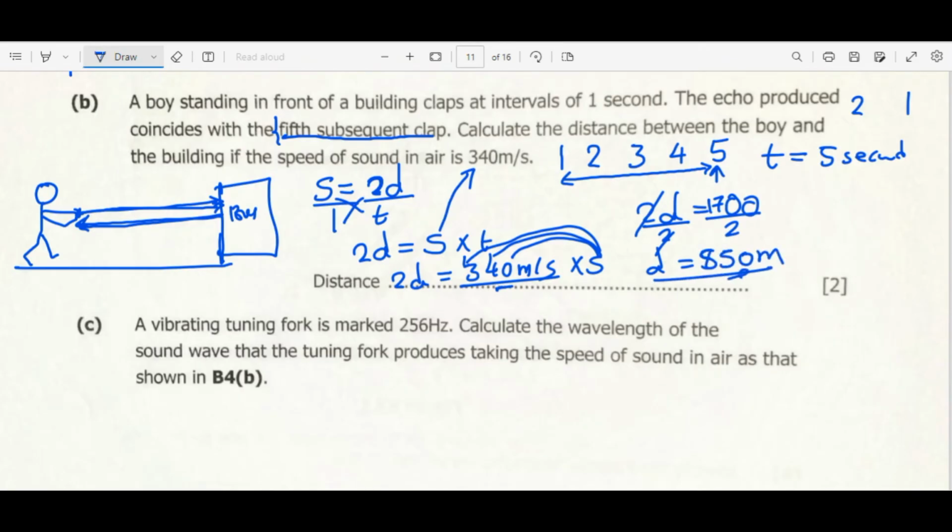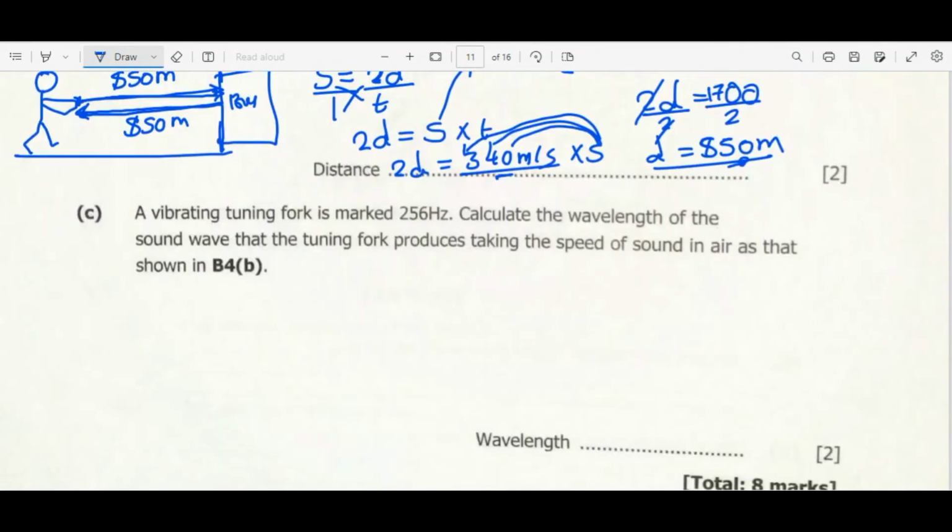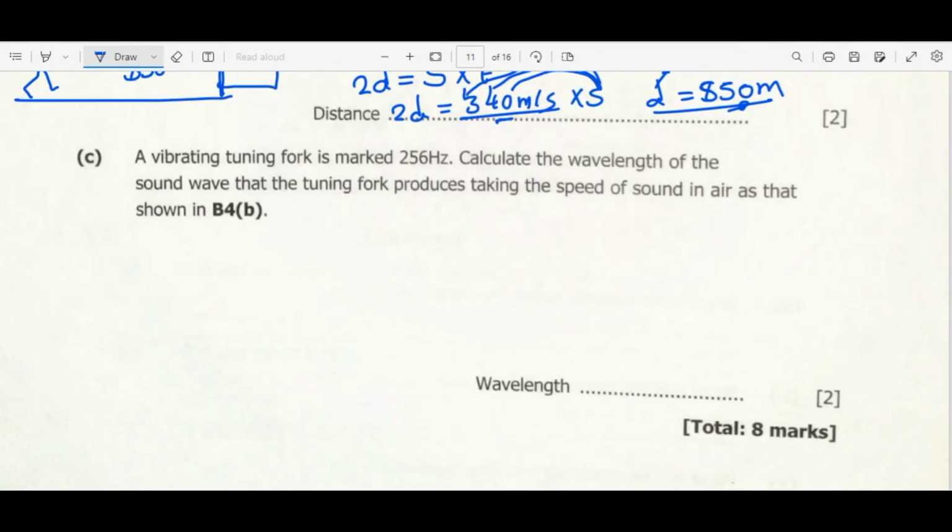So this is the distance, which simply means that when going, sound covered the distance of 850 meters, and also when coming back 850 meters. Thus we have the total distance of 1,700. Then we move on to question C.